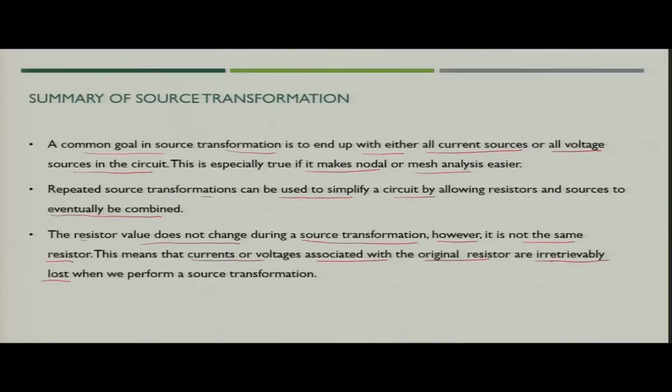So, in that way you can say that the resistor value is the same, but its association has been irretrievably lost. It means that you cannot retrieve the output of the resistor unless you revert it back to the original form.